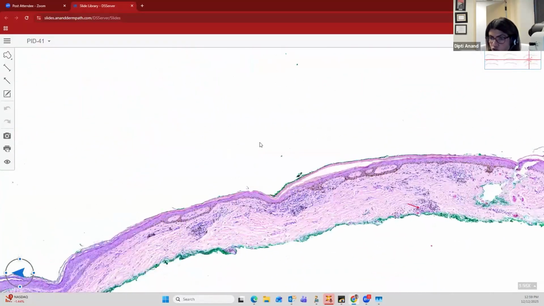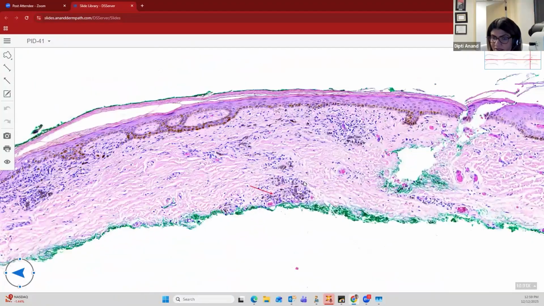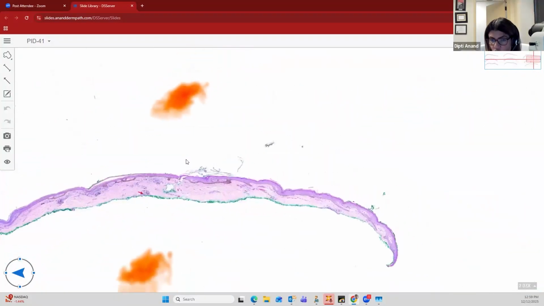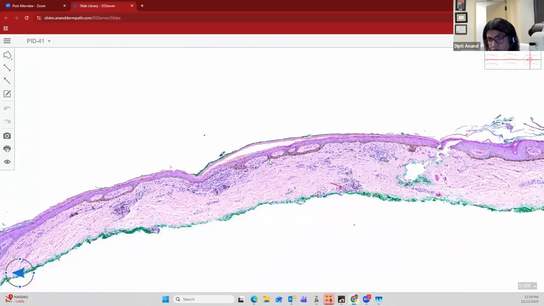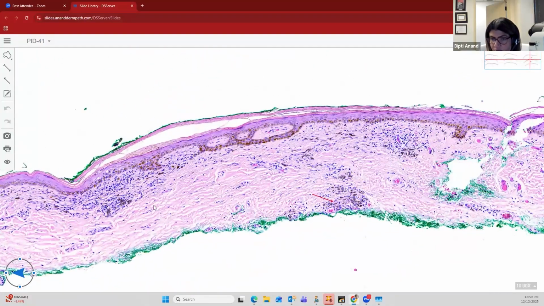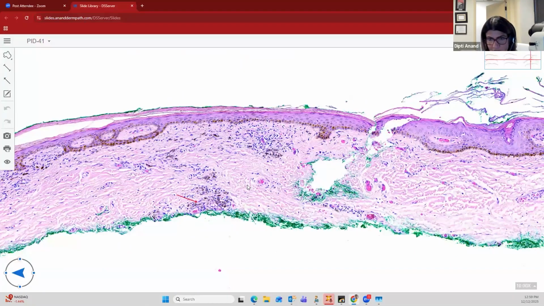That's type 2: two pigments, both hemosiderin and melanin. The background of a type 2 minocycline pigmentation can often look like a dermatofibroma. There is some dermal fibrosis, and you can think about a DF because of all that pigment, but obviously it lacks the fibrohistiocytic spindle cell proliferation.